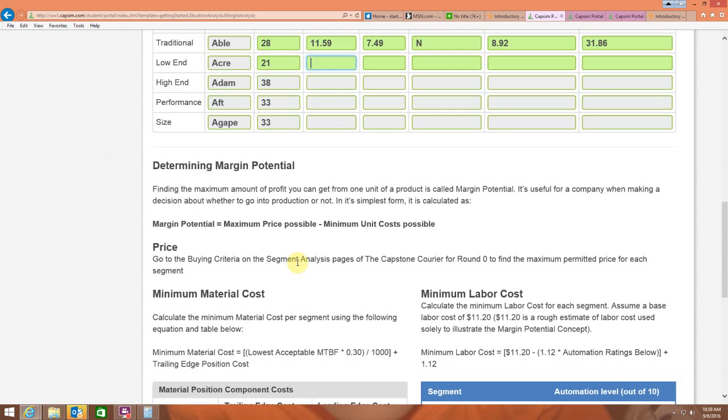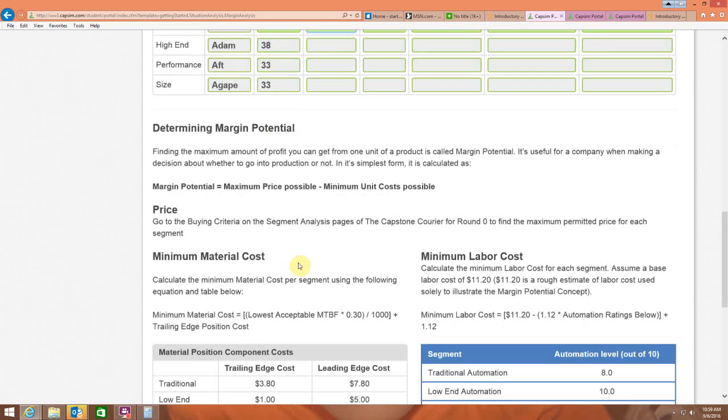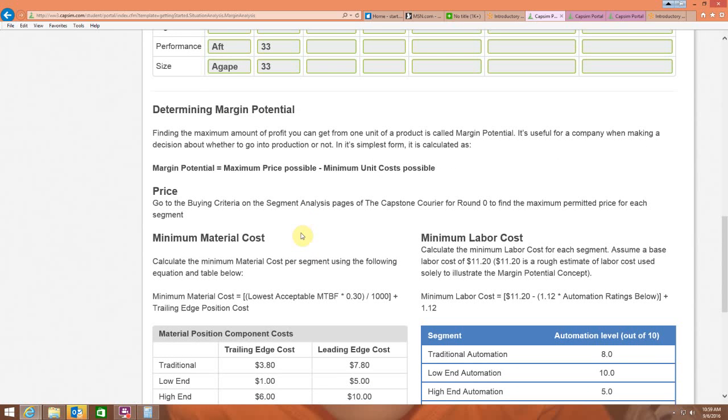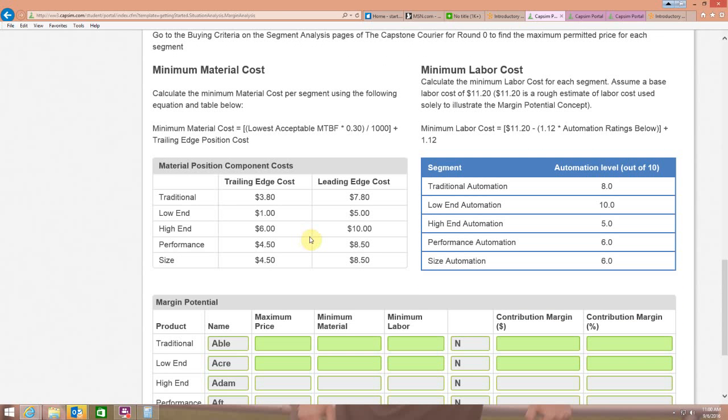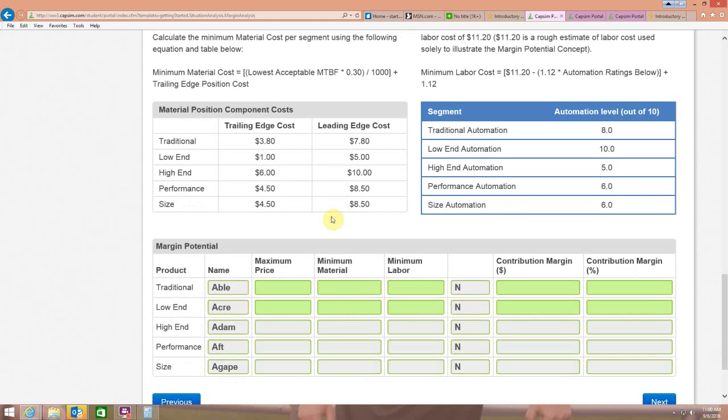Now we have to determine my margin potential. What happens if I can charge the absolute most that's allowed, and then get my cost down to the absolute minimum? Then what would my contribution margin and whatnot be? Well, let's take a look.